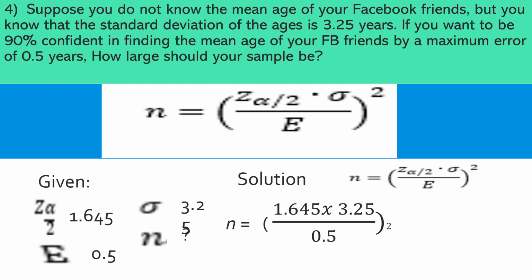Quantity square. So multiply first 1.645 times 3.25. Then the product will be divided by 0.5. Then square. So the result is equal to 140. So this is the sample size that we are looking for. Okay?